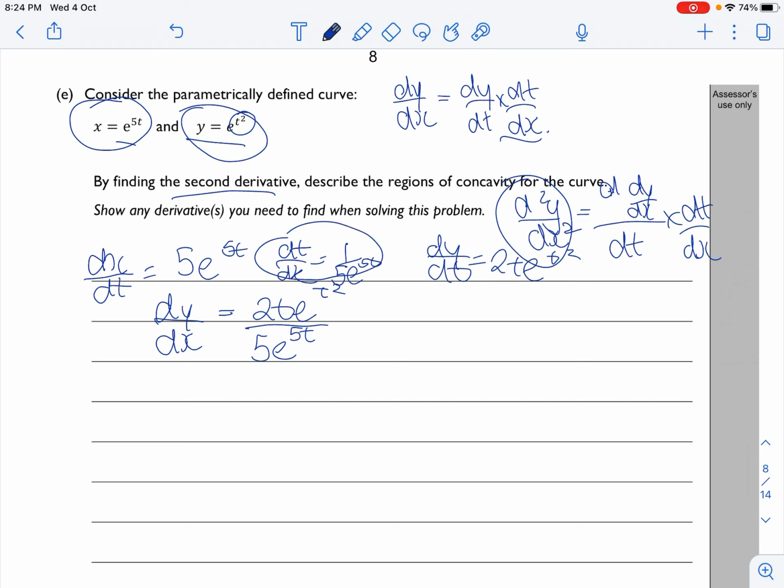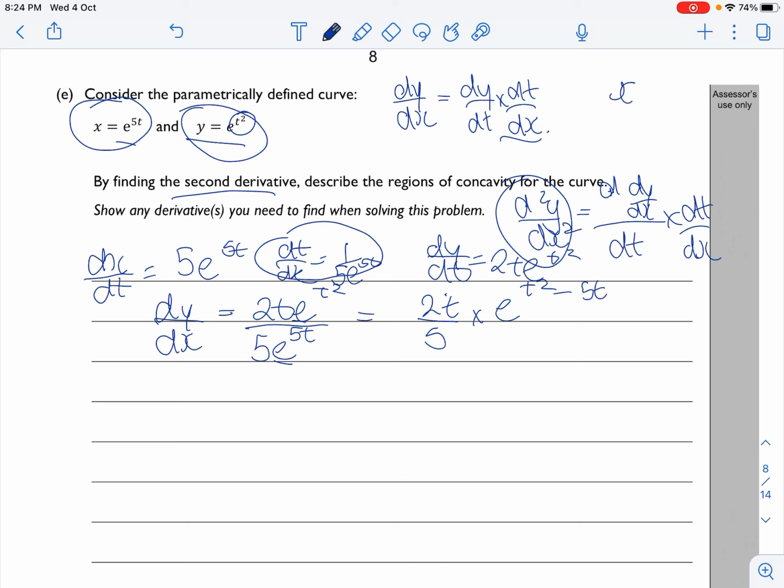Okay. So what we can do is rewrite that, because we've got e being the same base, we can subtract the powers. So we'll leave our 2t over 5, that just can stay as it is. And our e now becomes the top one, t squared, and subtract the bottom exponent, which is 5t.